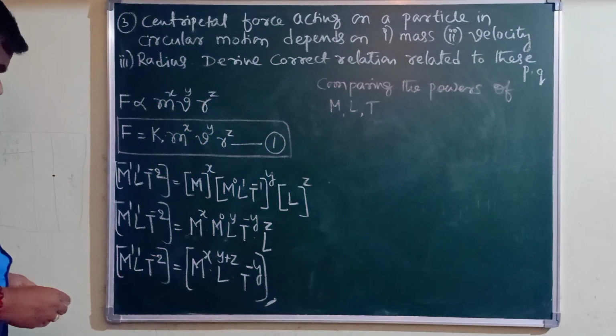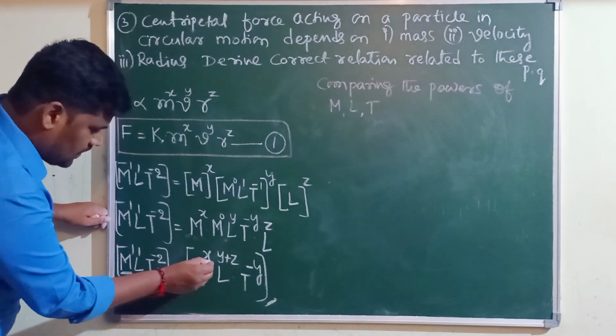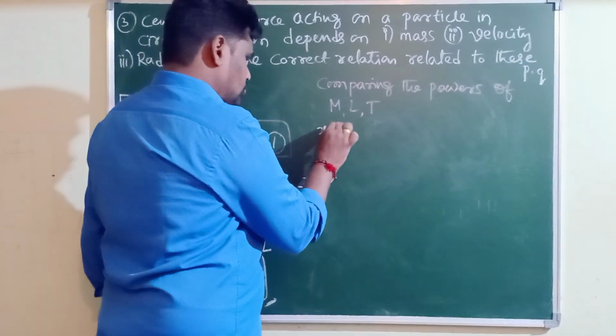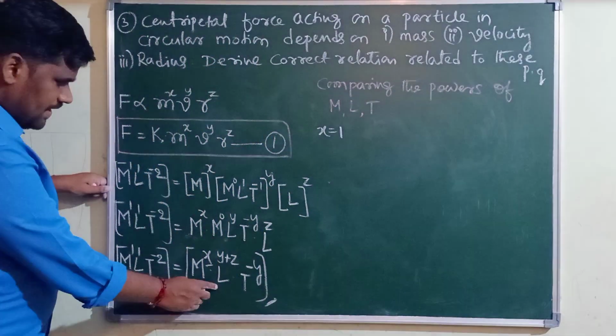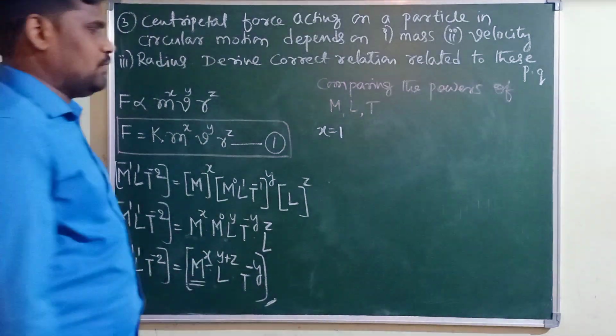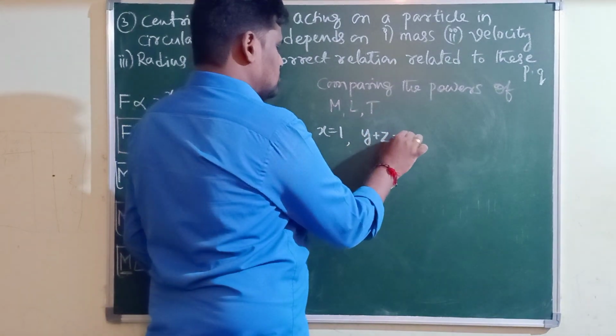Compare the powers. Here M power 1, here M power x. Therefore, x should be equal to 1. Correct? Here L power y plus z. Here L power is 1. Therefore, y plus z is equal to what? 1.